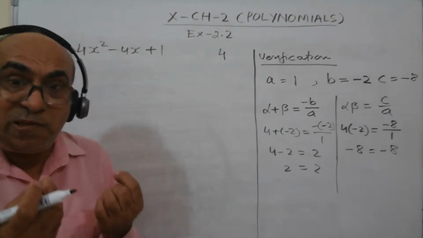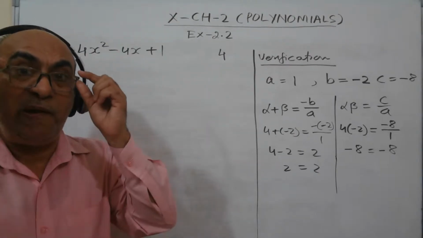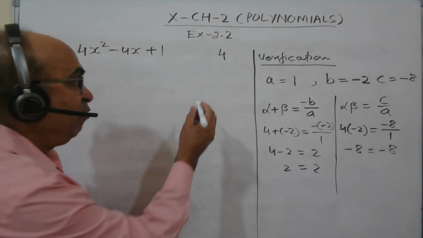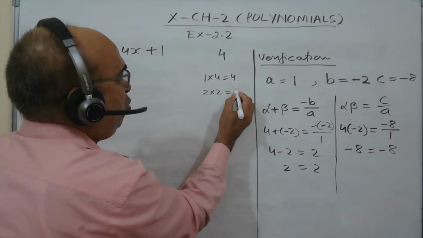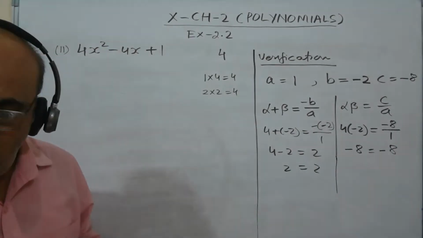Product is 4, a very small number. We can recall the pair of numbers whose product equals 4. What are they? 1 into 4 equal to 4, 2 into 2 equal to 4, right?